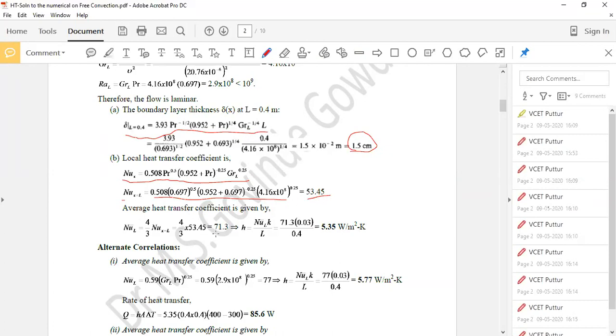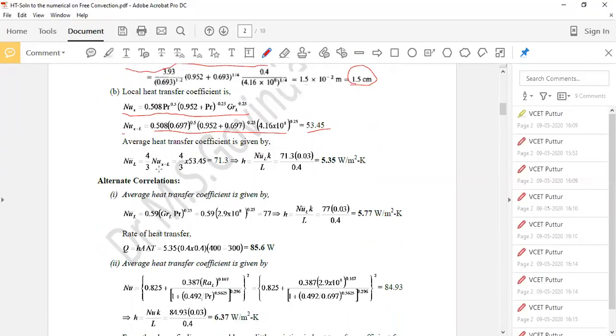We need average Nusselt number for all local Nusselt number, particularly in the laminar flow. Average Nusselt number always will be calculated as 1 by L integral from 0 to L of local Nusselt number at x is equal to L. And for natural convection, you get this.